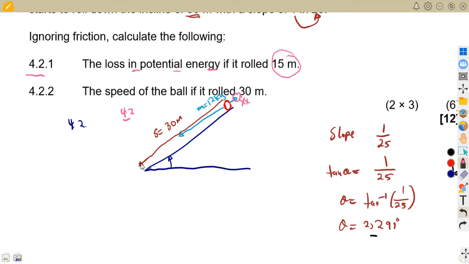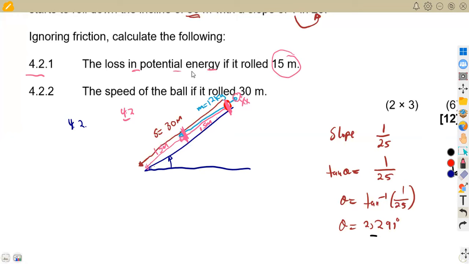But now they're saying this ball just rolled for 15 meters, which means it's at the half point. We are remaining with another 15 meters on this part. So if it rolled for these 15 meters, what is the loss in potential energy? That is our question there.